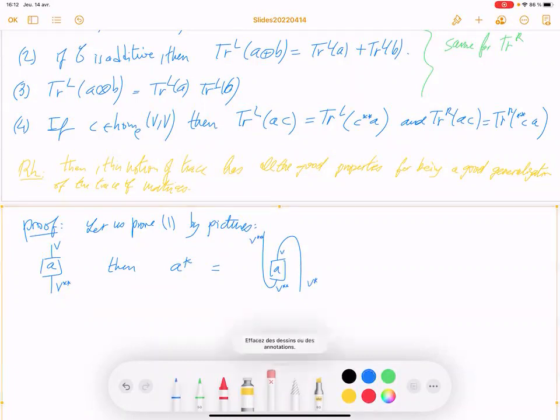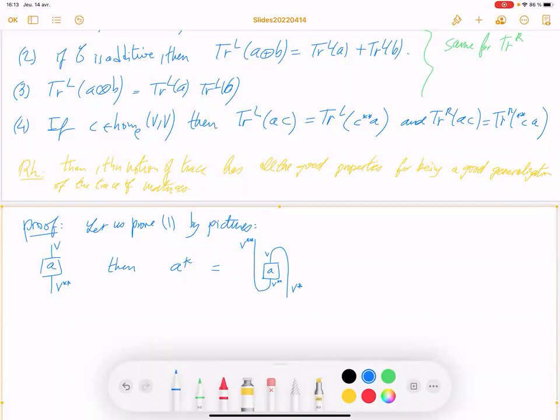So this is a bad picture. Let me draw something better. Like that. Okay. A, V double star, V star, V triple star.